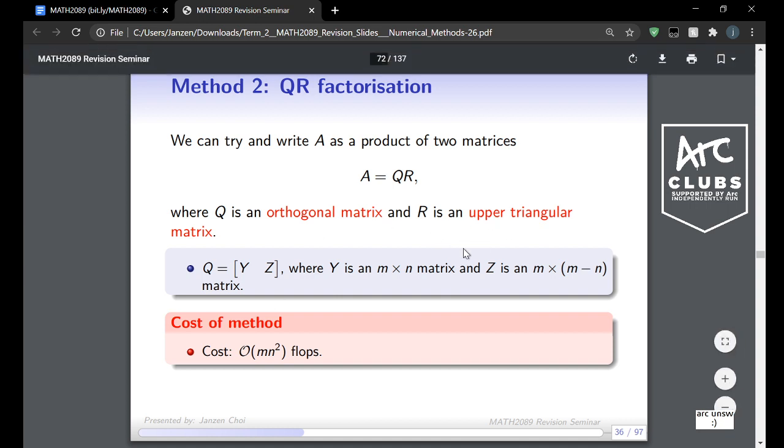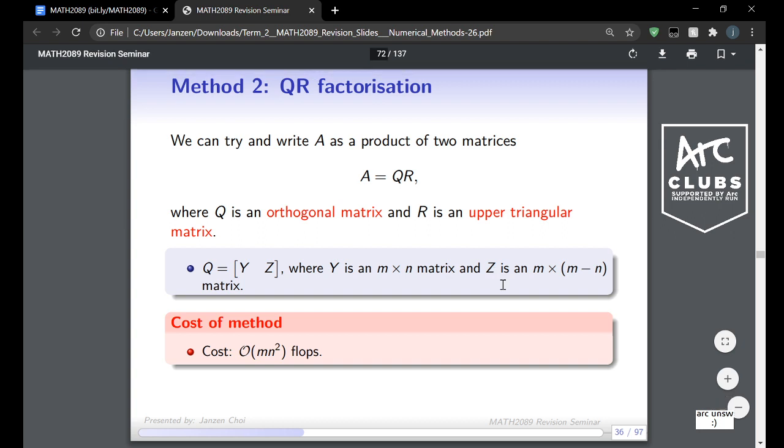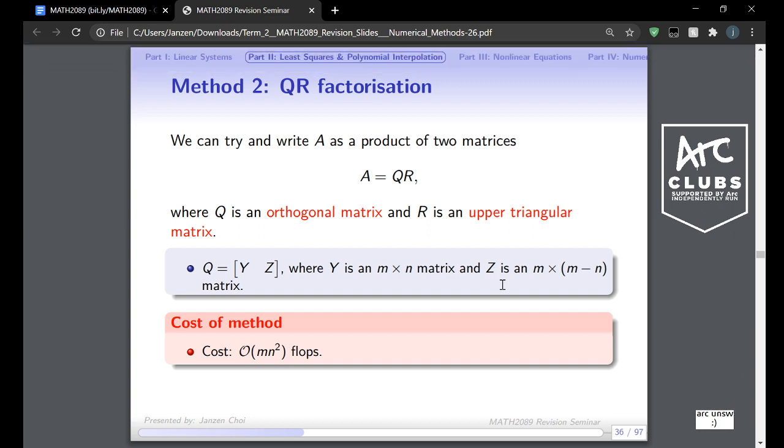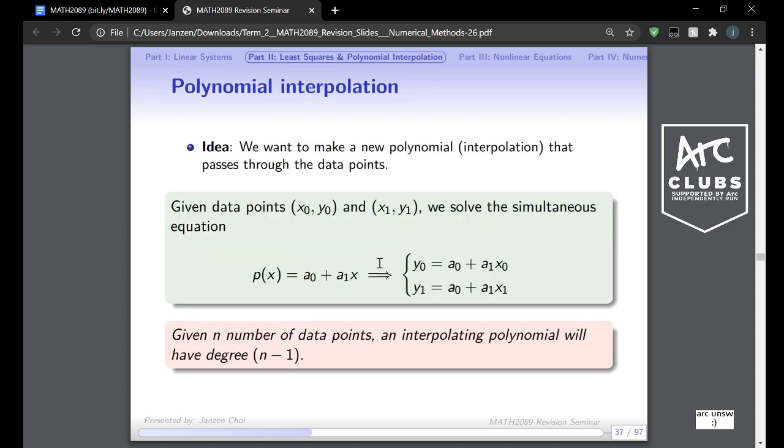The main reason why we would want to do this is because the inverse of orthogonal matrices is the same as the transpose. So transposing a matrix is a lot more efficient than inverting it. And that's why QR factorization is also effective.